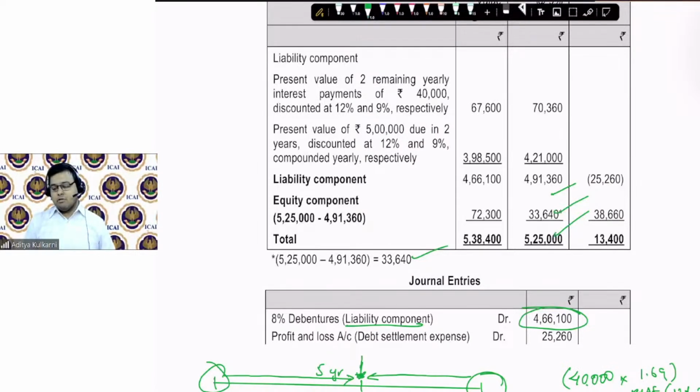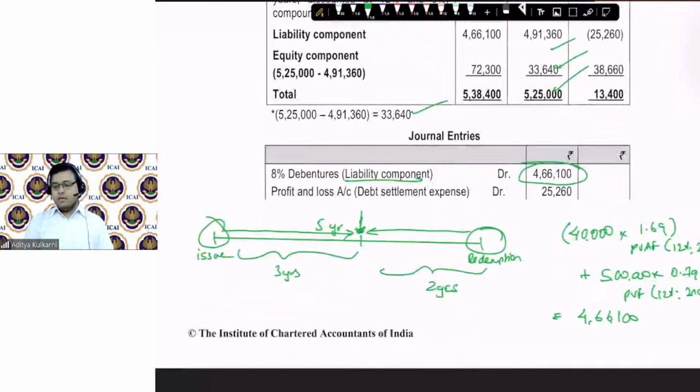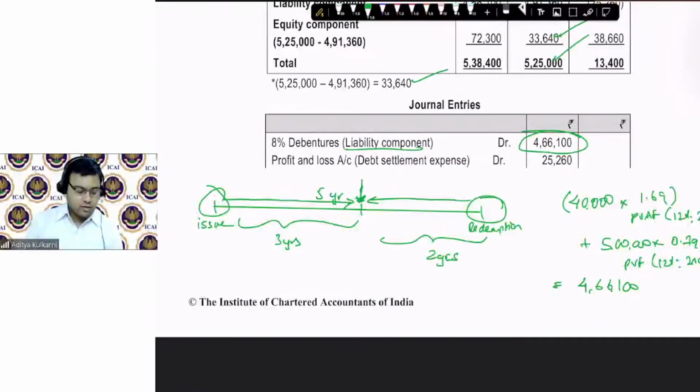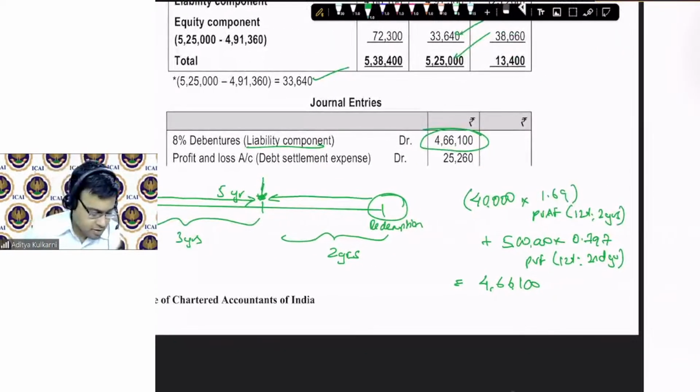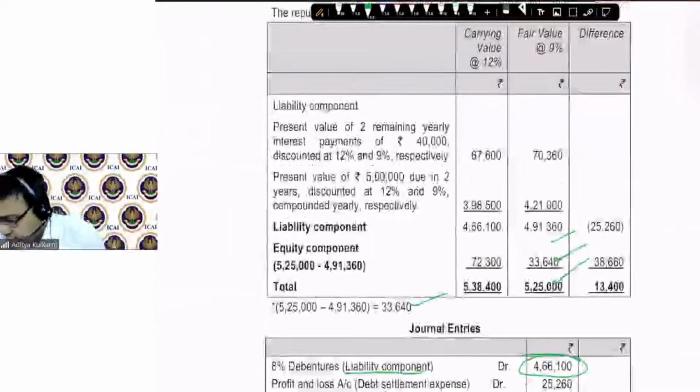If you take the second approach, there could be a case where you fumble with the years left or with the discounting rates. We don't want all of that. We want to proceed in a normal, straight manner. That is how you will be considering the answer, and that takes care of your difference.